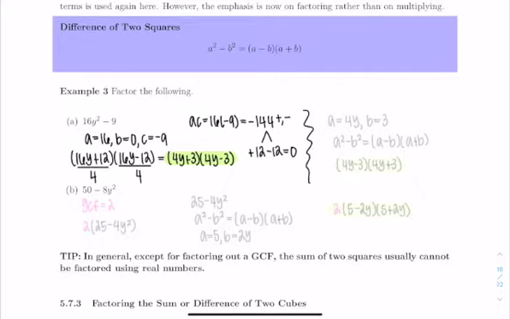If I just wanted to apply the formula, I need to notice that I'm missing the middle term and that the first term is a perfect square and the last term is a perfect square. So in this case, my a would be 4y, because when I square it, I square the 4 and the y. And my b would be 3, because 3 squared would give me the 9.